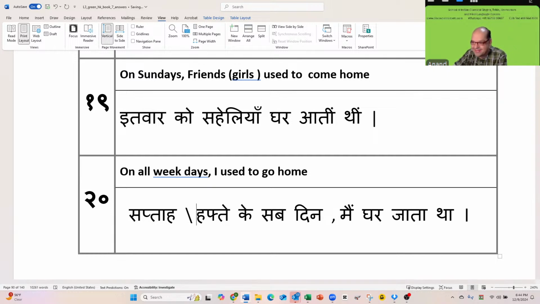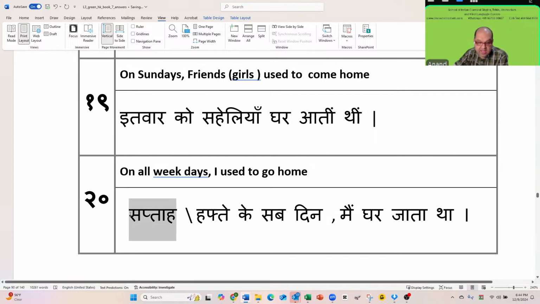Wait, which one is Hindi based off of? Sanskrit. Which one is Hindi and which one is Urdu in this sentence? सप्ताह is Hindi. हफ्ता is Urdu. Sounds similar. Vedic Sanskrit. Okay, did you all write that down?